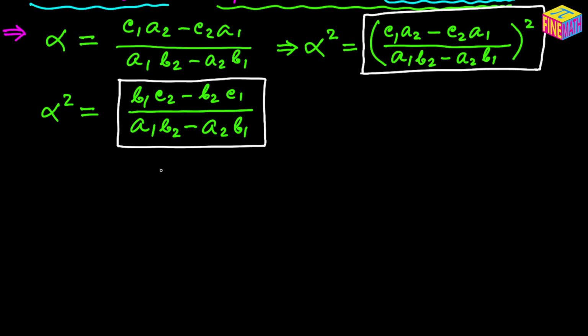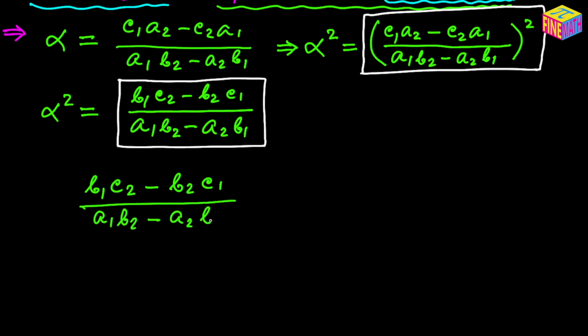Now I'm going to write the second one first, which is, suppose we have b sub 1 c sub 2 minus b sub 2 c sub 1 whole divided by a sub 1 b sub 2 minus a sub 2 b sub 1.